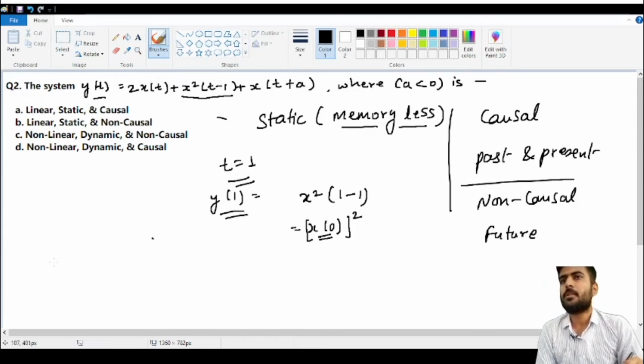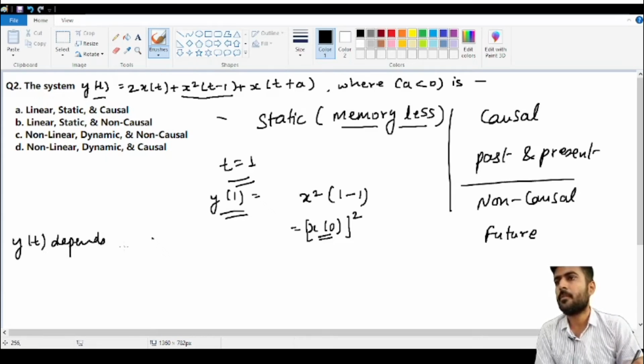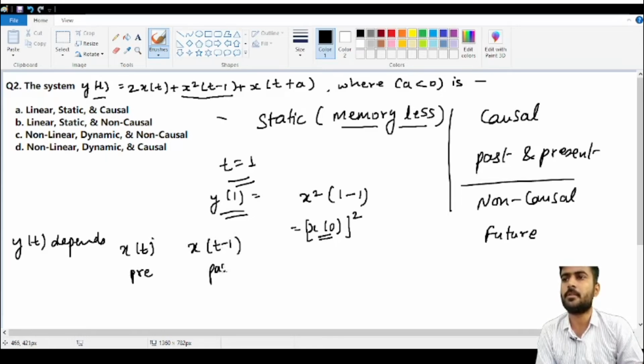The system is causal because the output y(t) depends mainly on x(t), which is the present input, x(t minus 1), which is of course a past input, and x(t plus a), where a is negative.